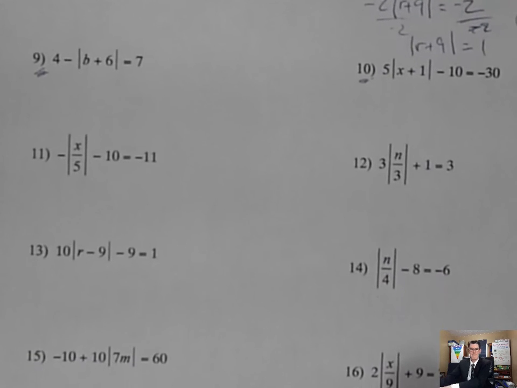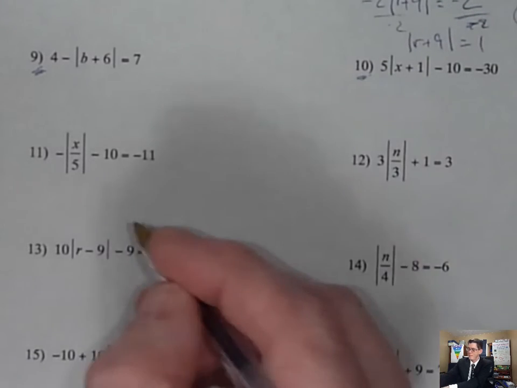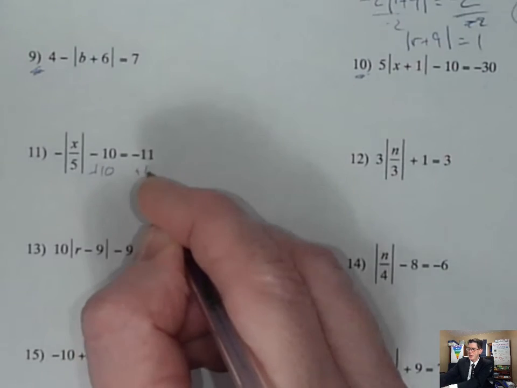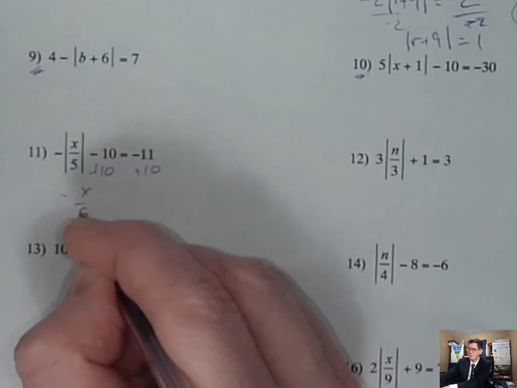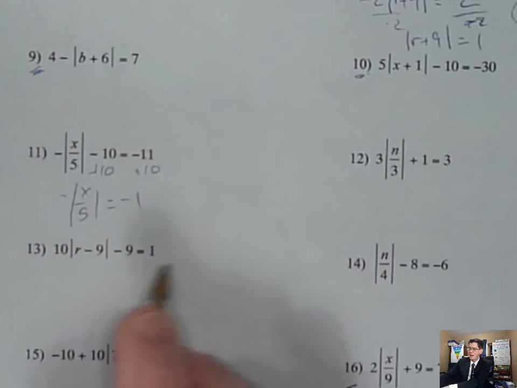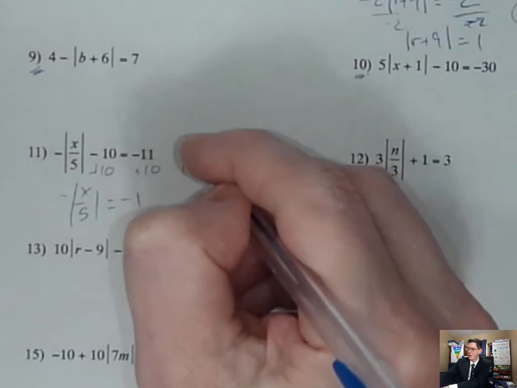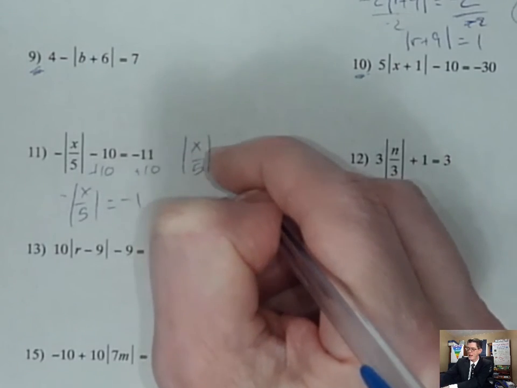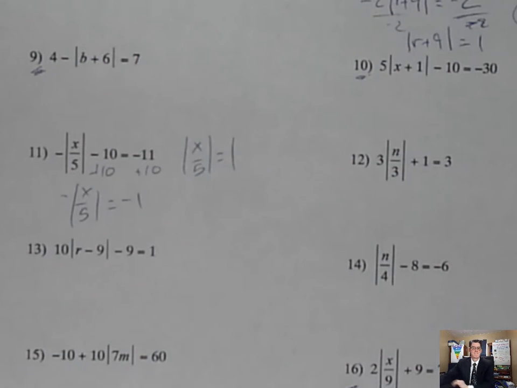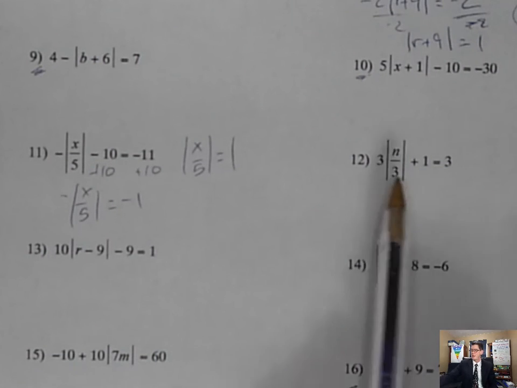Number 11. If you add 10 to both sides and then divide by the negative 1, you have the absolute value of x over 5 is 1. Let's do those two steps pretty quickly.